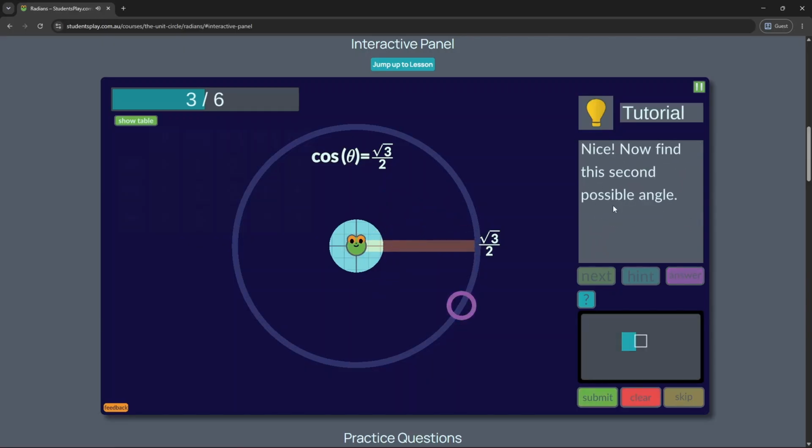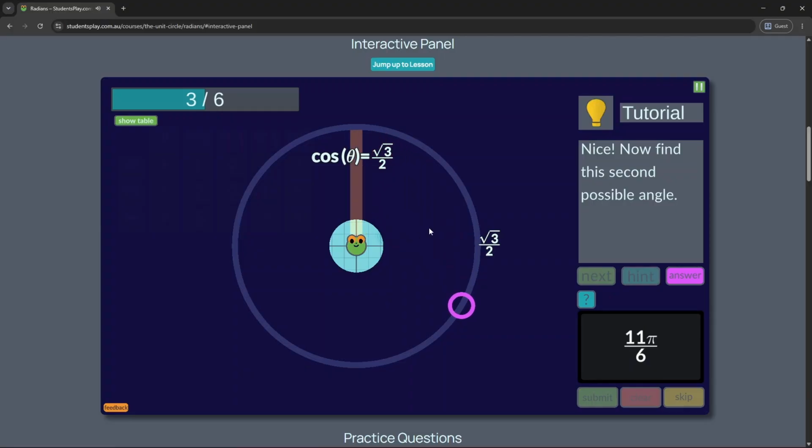Nice, now find this second possible angle. Okay, let's try it the way I was talking about. If pi on 6 is in here, then we could go all the way around to 2 pi and then come back pi on 6. To keep everything in pi on 6, 2 pi would be 12 pi on 6s to get all the way around to here. Going back by pi on 6, that would mean 11 pi on 6.